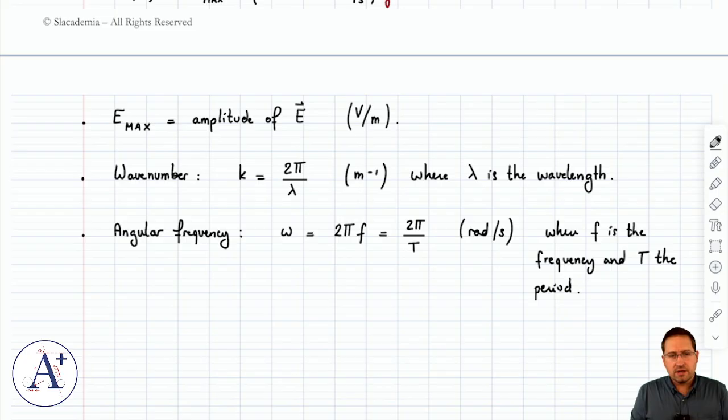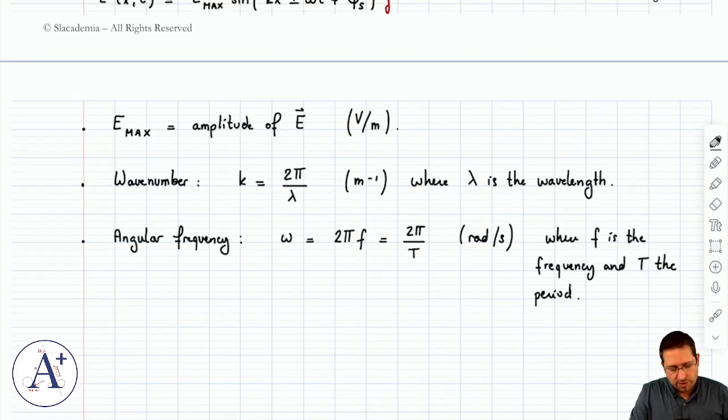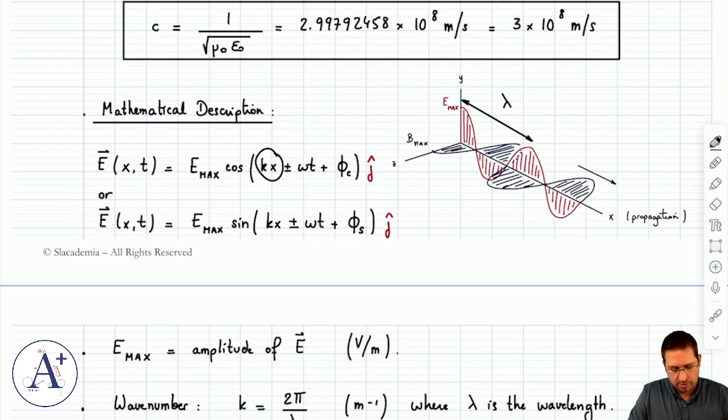Okay, but your angular frequency, it's the same idea as k. 2 pi over T doesn't mean anything. T is the period. Okay, T is the time it takes for the wave to repeat itself, for the same pattern to occur again. So it represents something physical, but 2 pi over T doesn't. But in the same way that we have 2 pi over lambda for k, because k multiplies x, omega multiplies t.